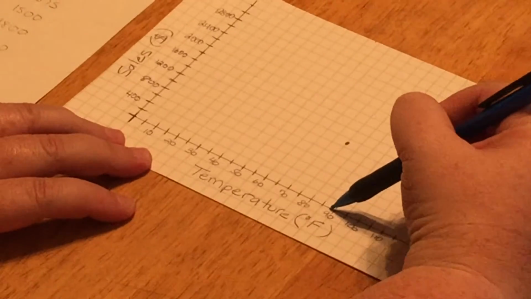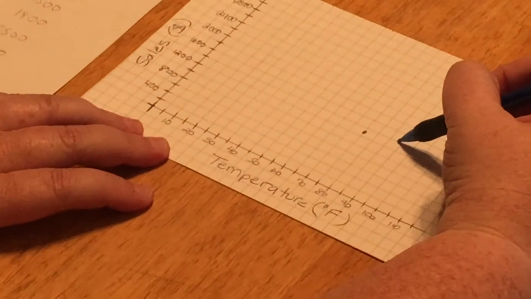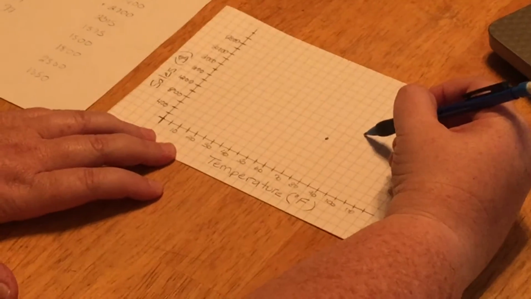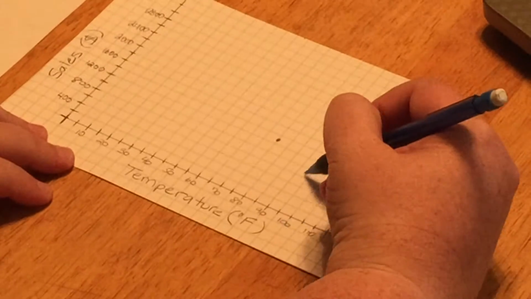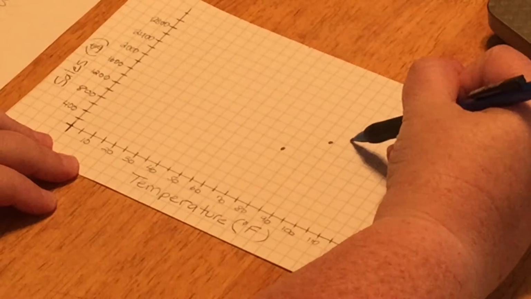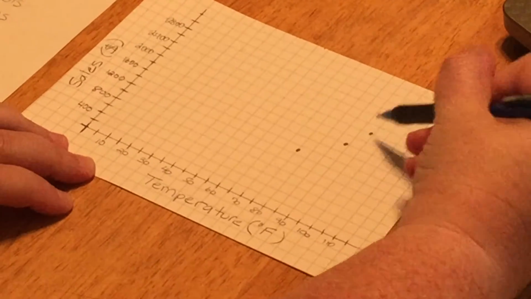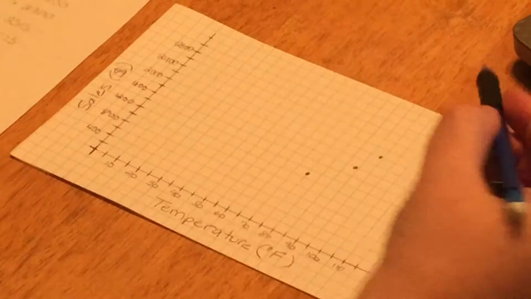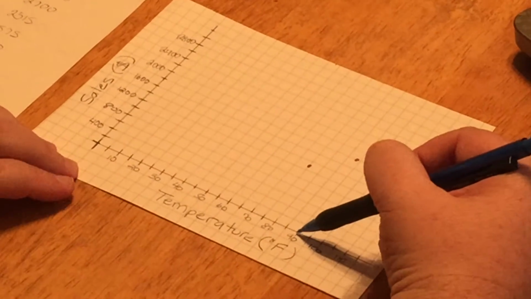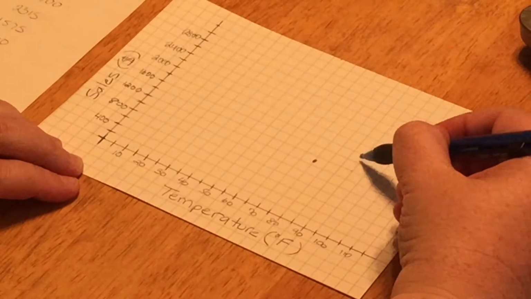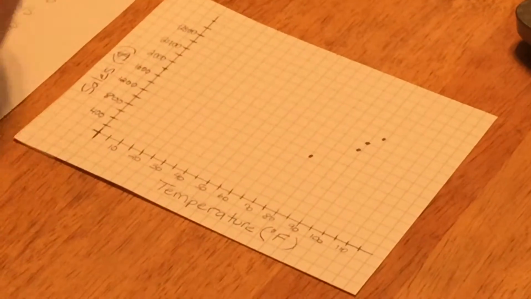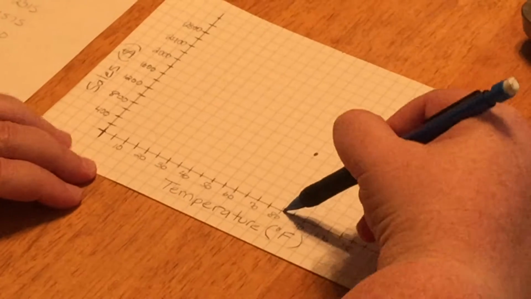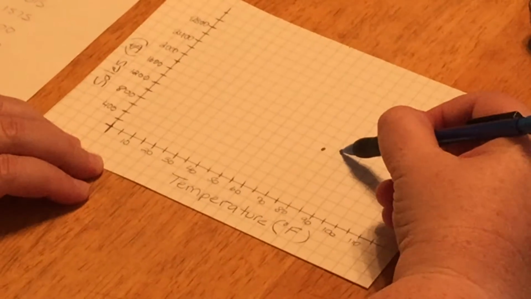So 88 degrees is 1,800. So 1,600, 1,800. 94 degrees was $2,200 in sales. 90 degrees had $2,000 in sales. 81 degrees had $1,400 in sales.